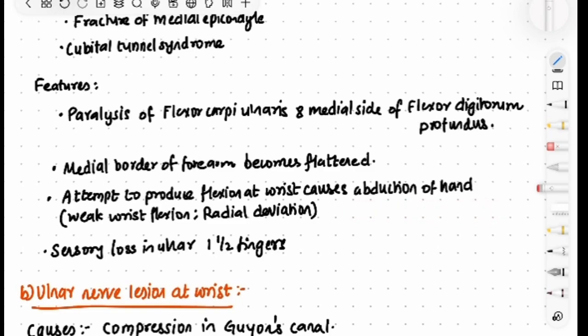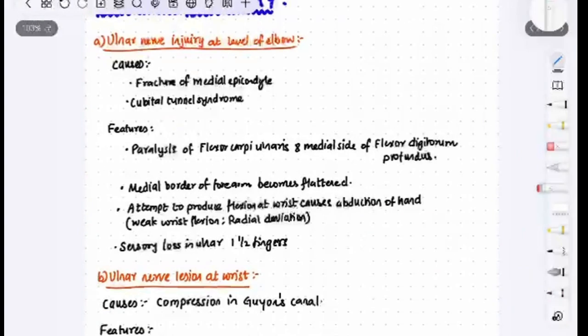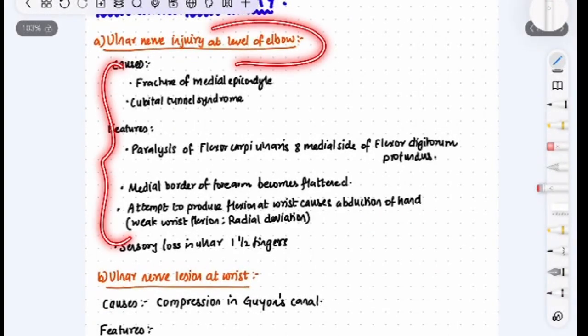So that is simply weak wrist flexion, and there will be radial deviation of hand. In simple words, you can write this in exam: weak wrist flexion with radial deviation. And there is also sensory loss in ulnar side of 1.5 fingers. So these are the features at the level of elbow.